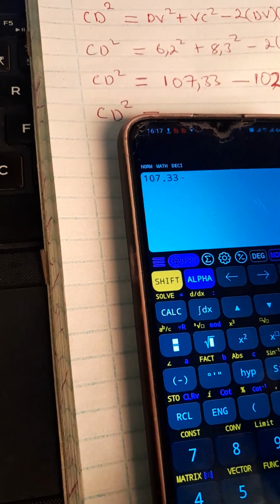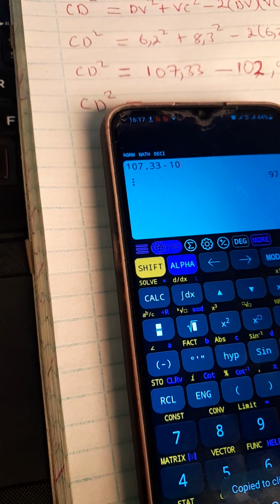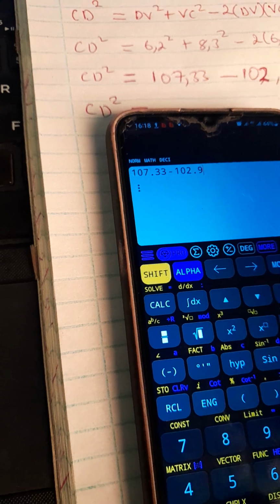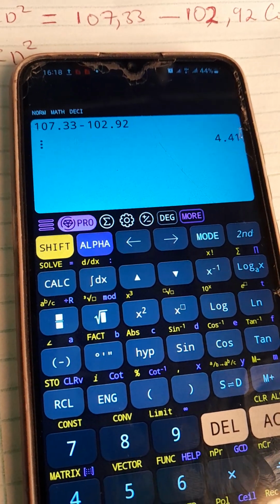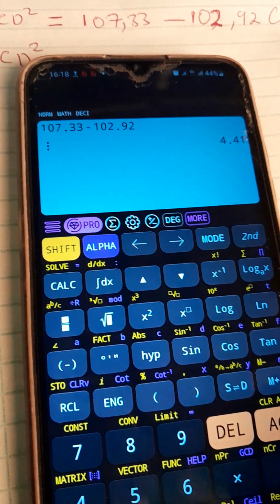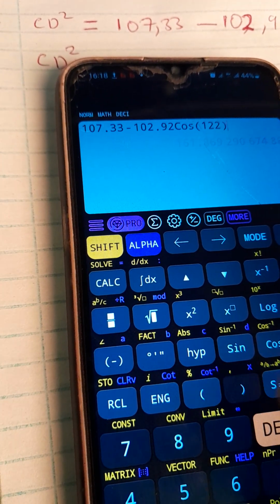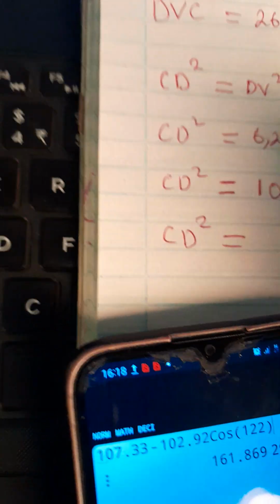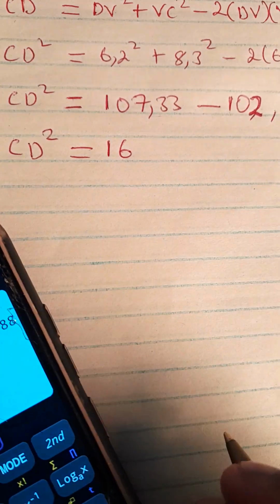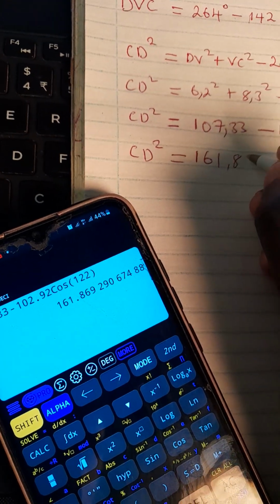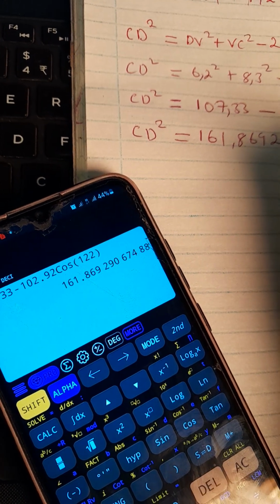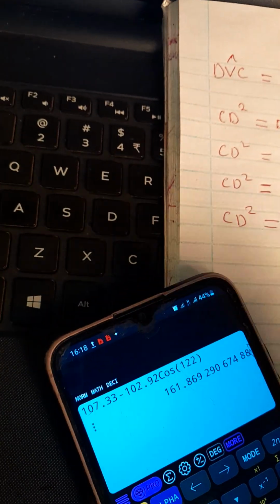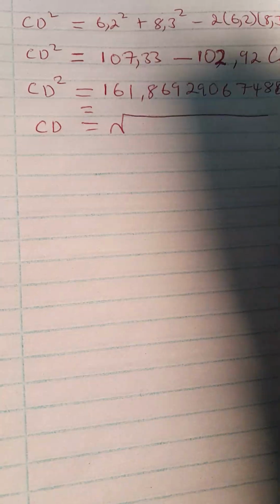Make sure your calculator is in DEG mode, then you say cos 122, and you get your answer as 161.869290... Then finally CD is equivalent to the square root of the whole of this answer.